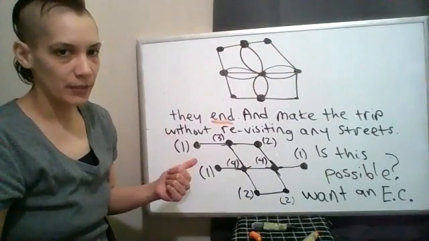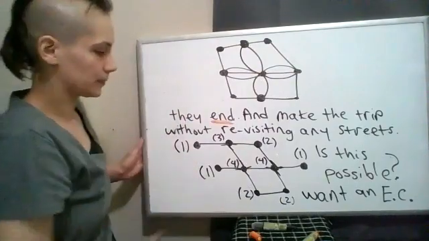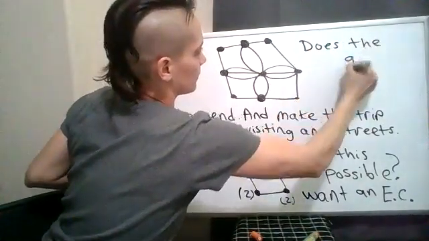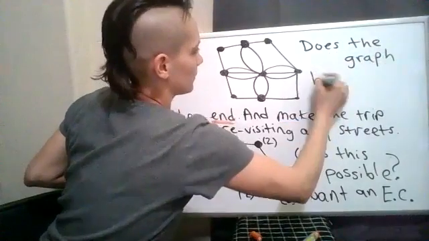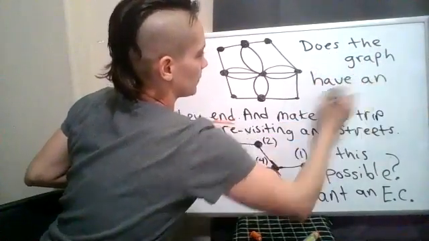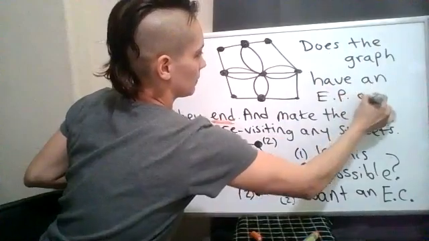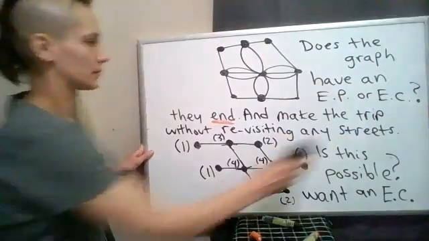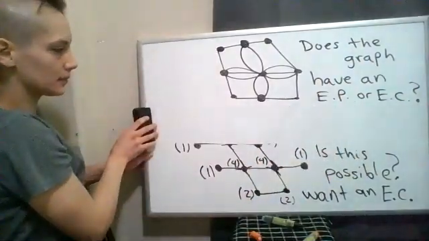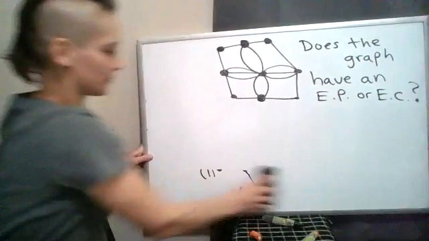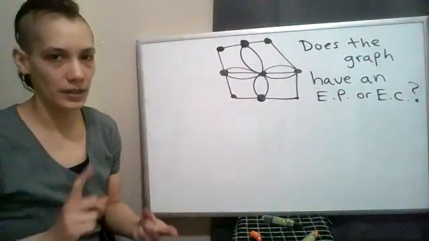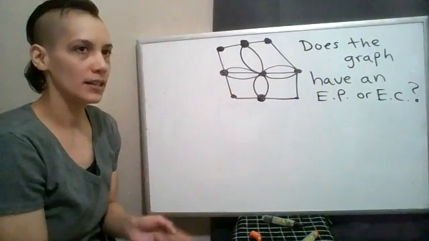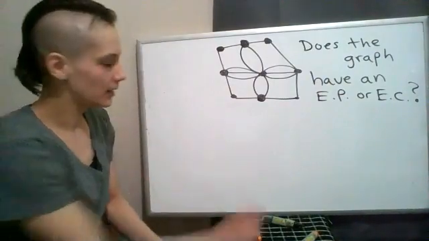Let's see if we can find an Euler path or Euler circuit. So we're going to check degrees, and an Euler path is when you have two odd. An Euler circuit is when there's no odd.